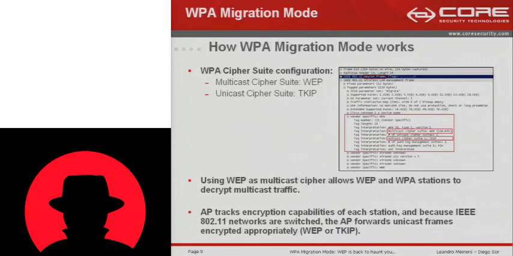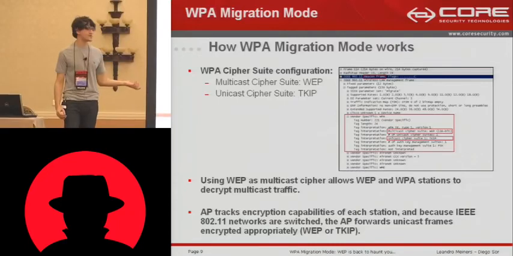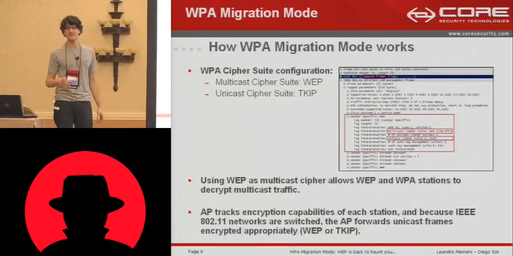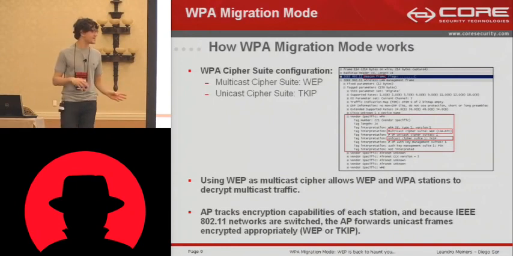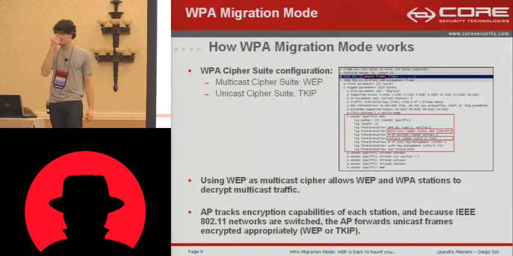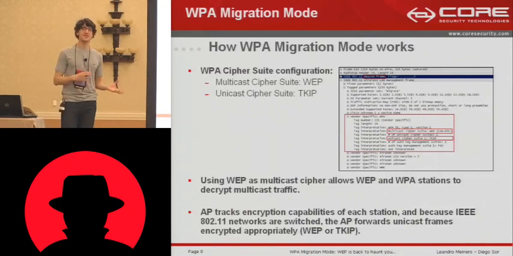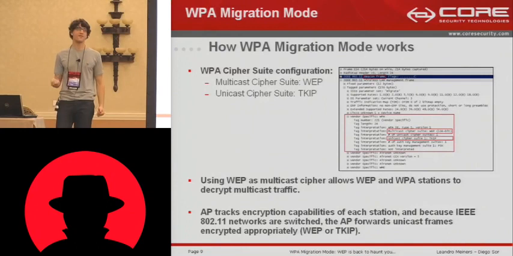Basically, this AP will use WEP for multicast and broadcast, and for the stations that are only WEP stations. And we'll use WPA for unicast traffic, that is for WPA or TKIP stations in this case, right? So the AP tracks which station is WEP and which station is WPA and forwards accordingly.